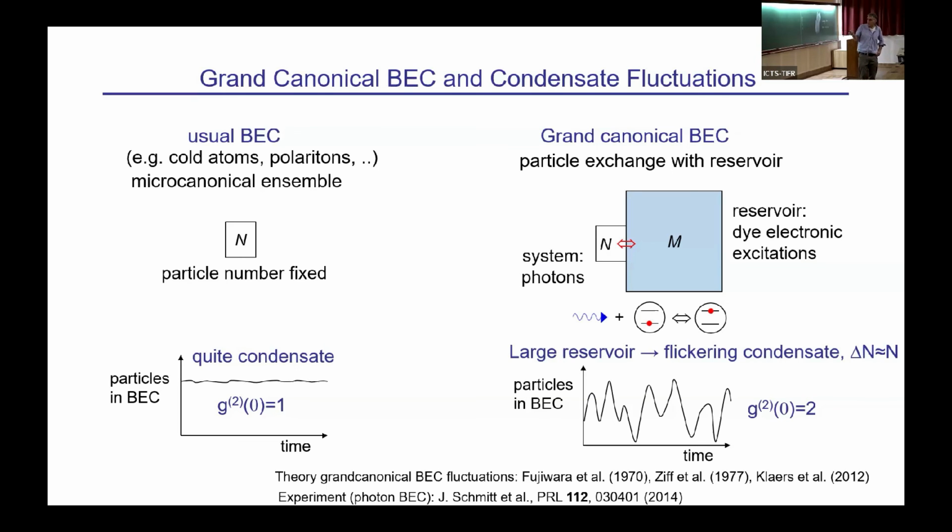because we absorb photons with our dye molecules, so we go to the right of this photochemical reaction and back again, and you can understand this as a coupling of system photons to a reservoir of dye excitations. And if this reservoir is large with respect to the system, then it's a true grand canonical system.